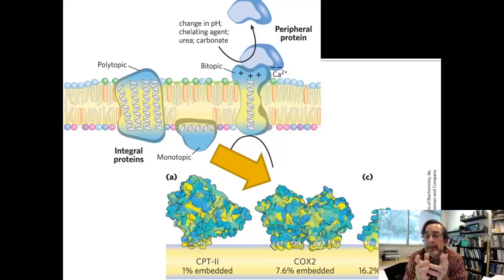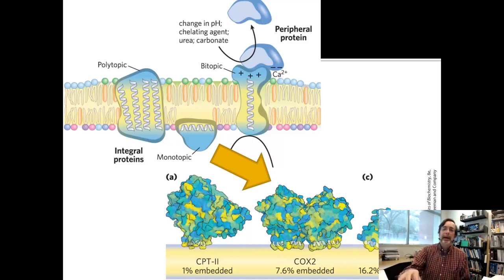Peripheral proteins can be removed by pH, by urea, by carbonate, by just little things. If you unfold it a little, it'll fall right off. They'll also be removed by chelating agents. Chelating agents will bind positively charged ions and take them away. So this is an interesting thing. They found out that calcium actually helps some peripheral proteins bind.